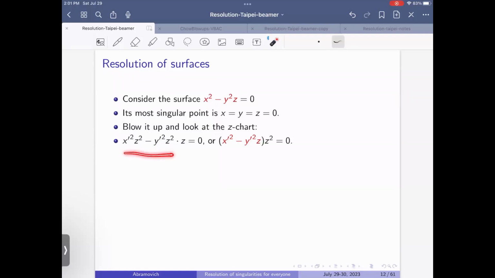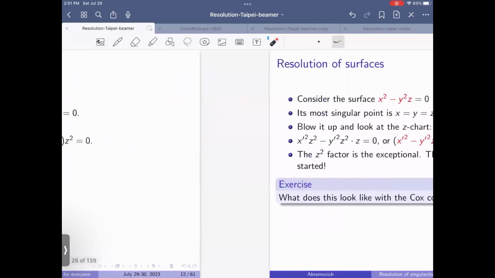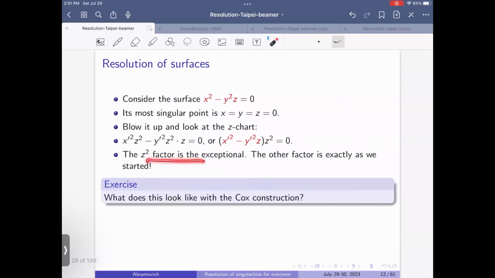I get this equation, and I reorganized it this way. That's a little exercise that we all did when we were beginning birational geometers. And what do we see? This is the exceptional part that we can pull out. And this is the proper transform, so the z square factor is exceptional, and the other factor looks exactly as we started.